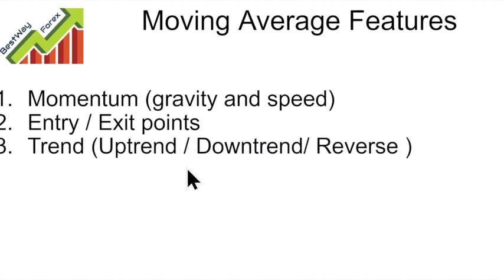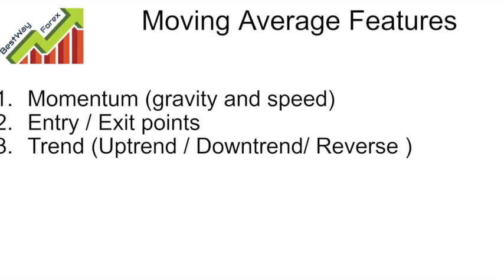The third point is the trend. Look, when we talk about a trend, always keep this in mind: the trend is based on three factors. Either it is an uptrend, a downtrend, or a reversal. We don't have more than three factors with the trend. So make it a common practice for yourself.